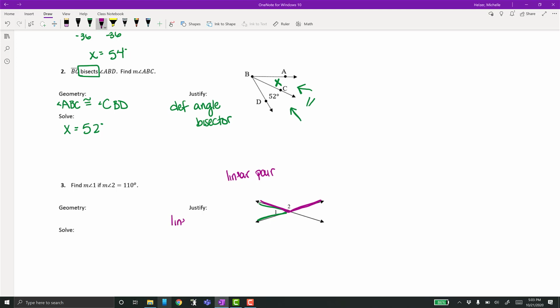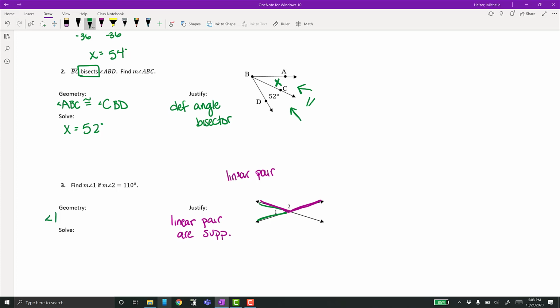Linear pairs are supplementary. Okay? And you can just abbreviate SUPP if you'd like, supplementary. So what does that mean, though? For linear pairs to be supplementary, it means that those two angles equal 180. They add up to equal 180.